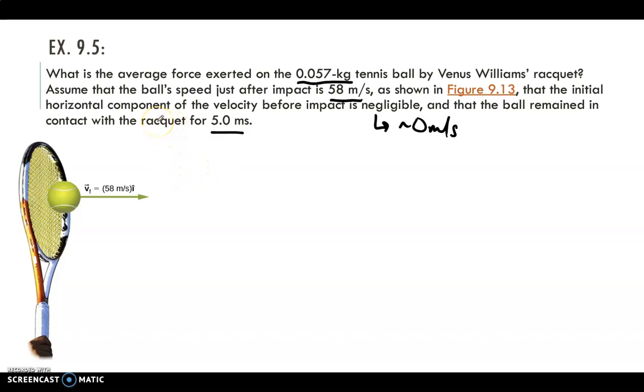Okay, so again, these are quite repetitive problems if you've noticed. So let's go ahead and say average force is going to be equal to m delta v over delta t. We have our mass, we have our velocity after impact, so that'll be our final velocity. Our initial velocity is 0, and our time is 5 milliseconds.